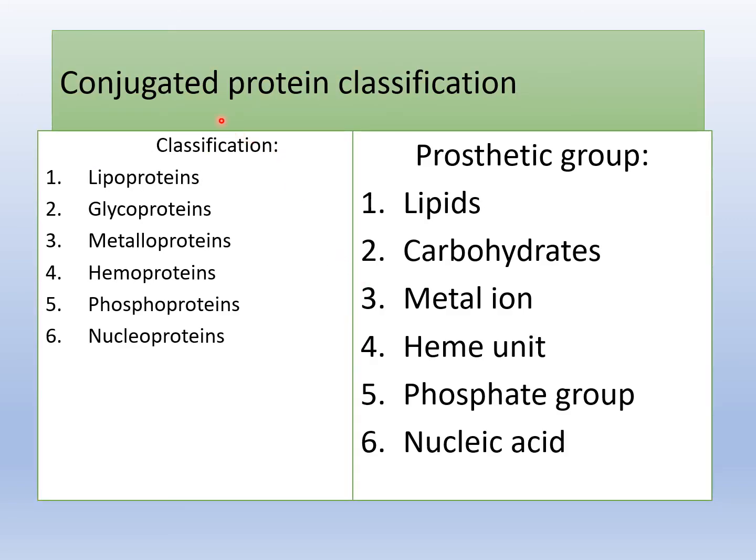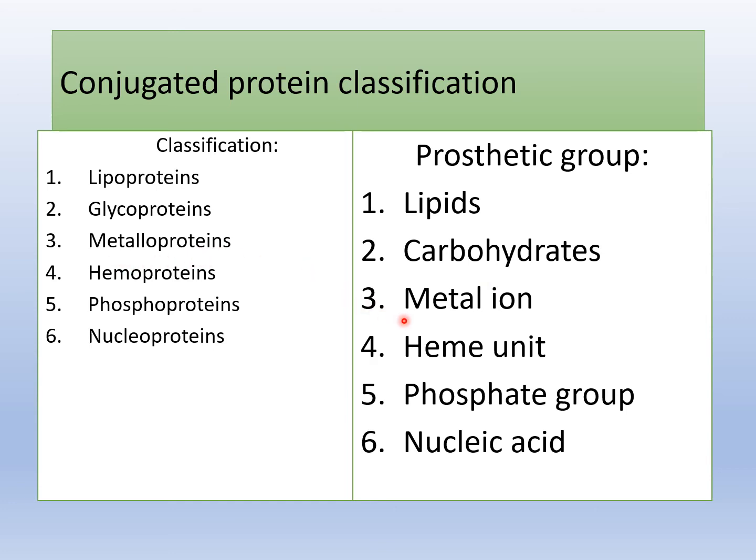So you have here the conjugated protein classification. Lipoproteins, which basically have lipids as the prosthetic group, which means that is a protein that has a lipid portion or may parts sa iyang body nga lipids. Glycoproteins, from the prefix glyco, may carbohydrate siya na content. Lipo, lipids; glyco, carbohydrates. Metalloproteins.